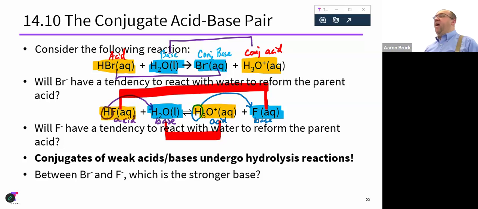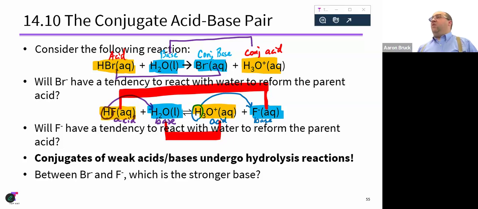So take bromide out of this particular reaction and let's just put it into water. Will bromide ion react with water as a base? And the answer is it could. But the extent to which it does, we would have to monitor. We would have to calculate. And we would have to know some kind of an equilibrium constant for that to get a full idea of just how much that reaction takes place.